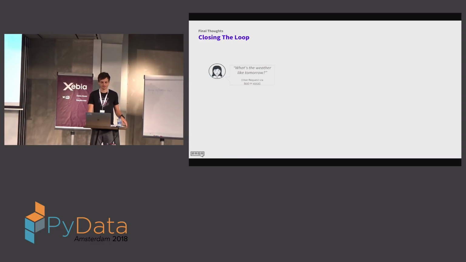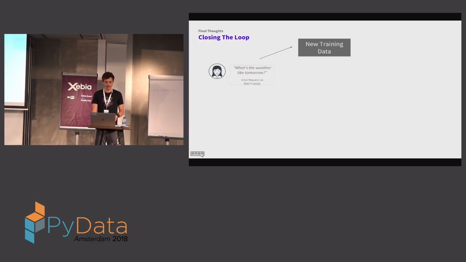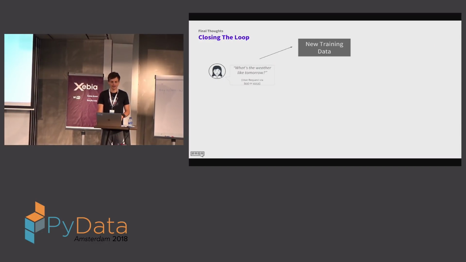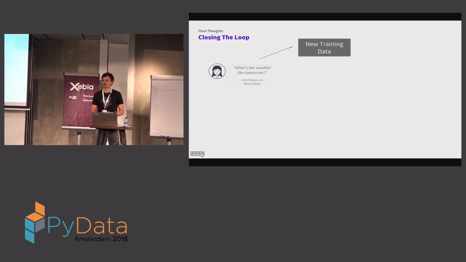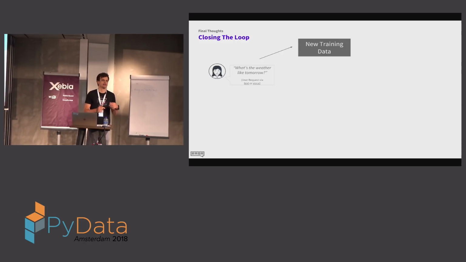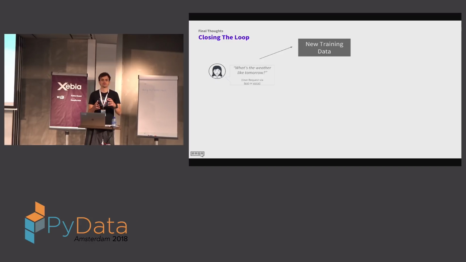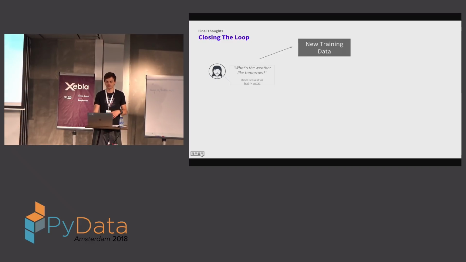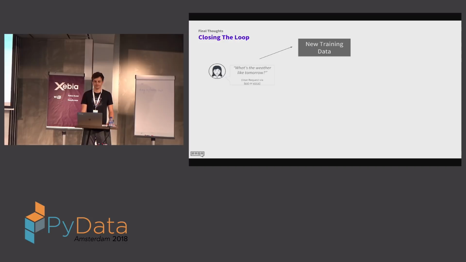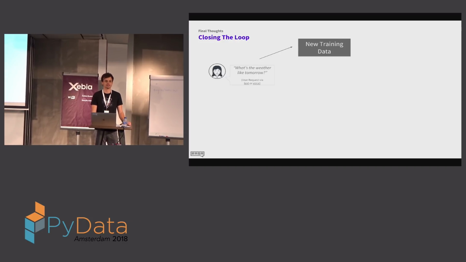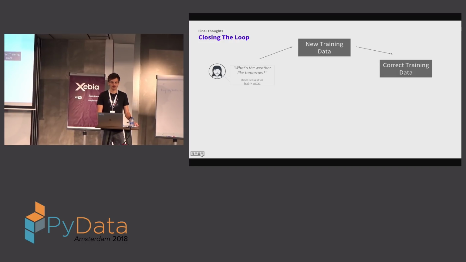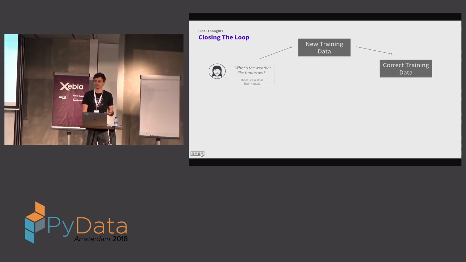Okay, some final thoughts before I close up. I made that point a couple of times during the talk. What we want to achieve is really that you're able to retrain the bot based on new data, which is that big benefit of using machine learning instead of rule-based systems. So new data comes in, you correct that training data, right?